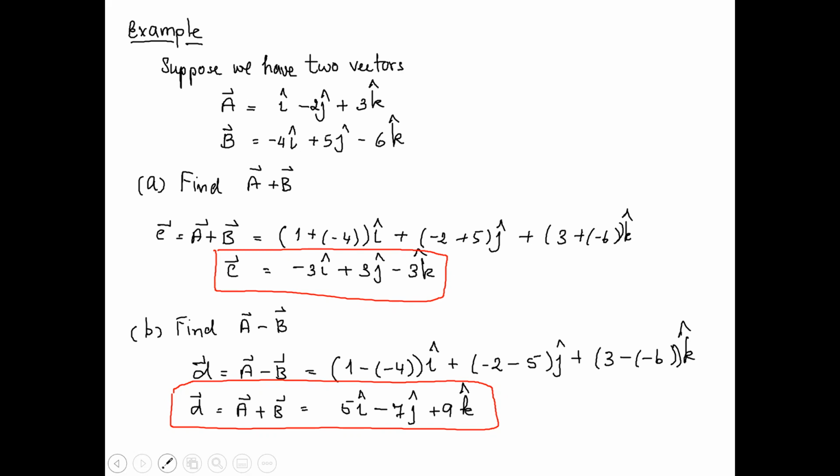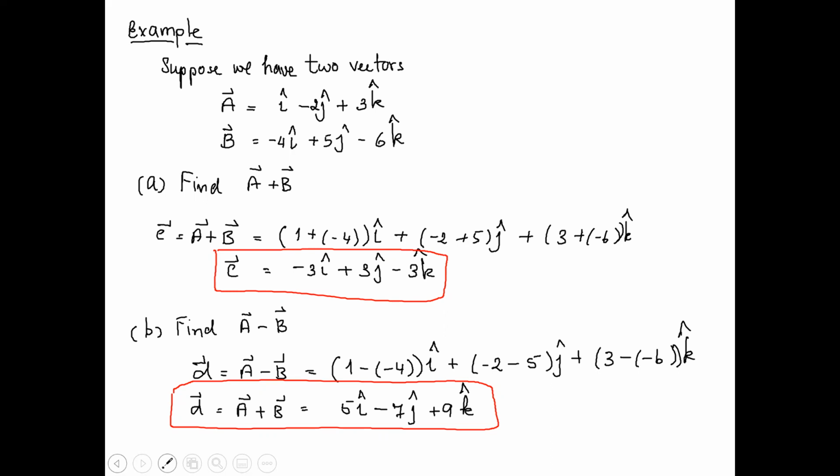So C equals A plus B. You take the two and add them up. AX is 1 and BX is minus 4. So the first term will be 1 plus minus 4 i, plus minus 2 plus 5 j, and then plus 3 plus minus 6 k.